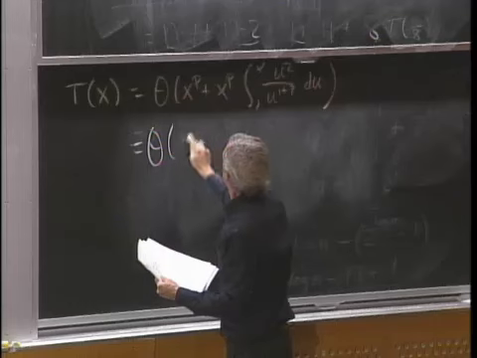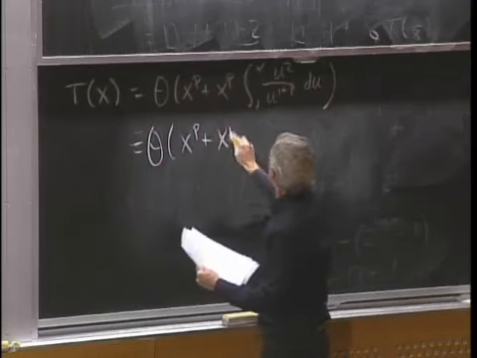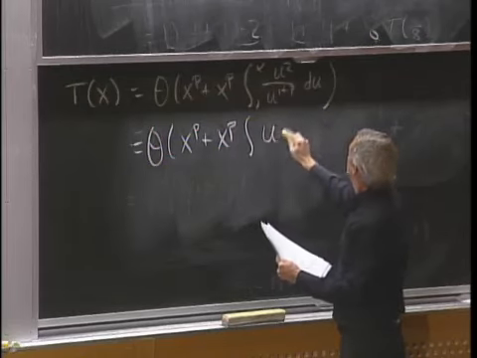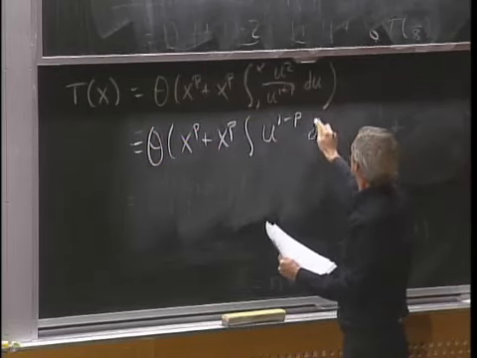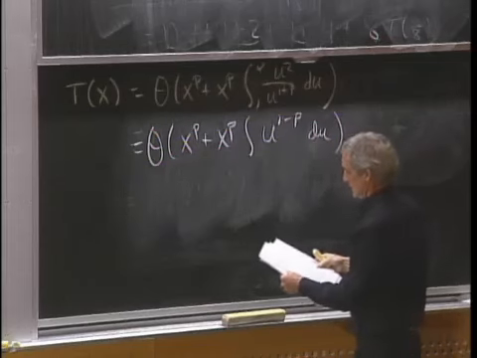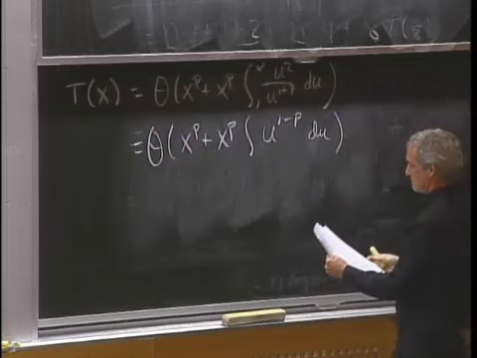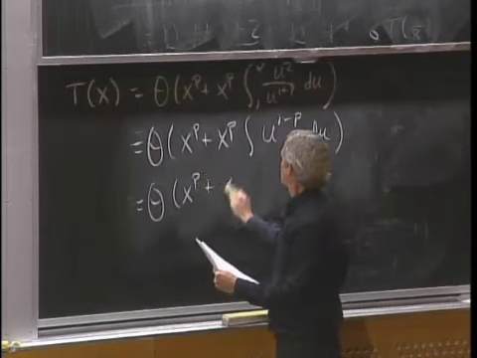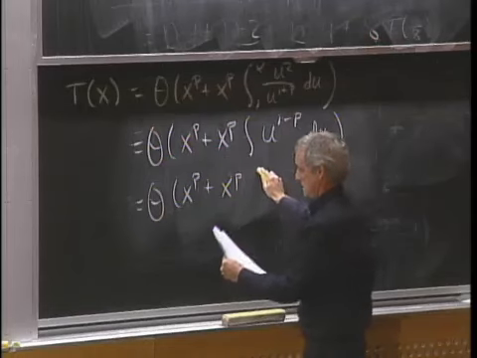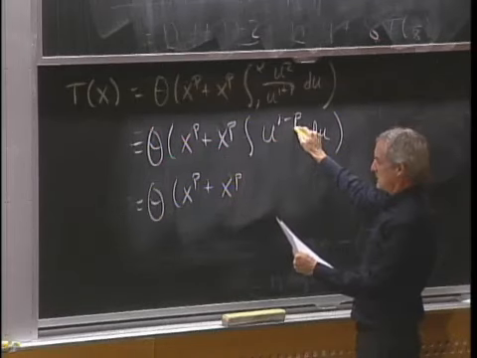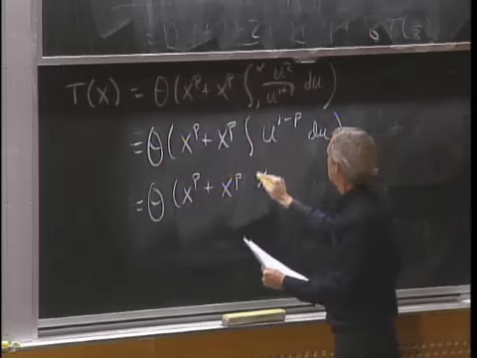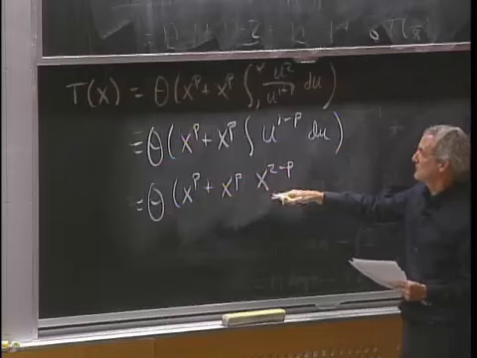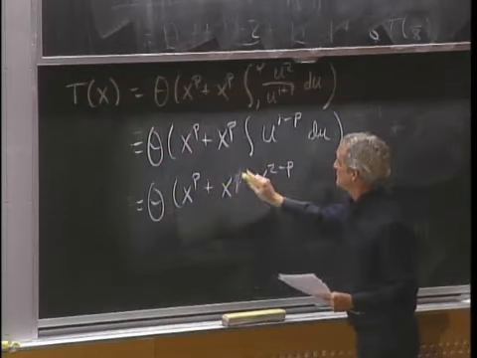That's theta of x to the p plus x to the p times the integral of u to the 1 minus p du. And p is bigger than 1, I know that. This is theta of x to the p plus x to the p. Well, the integral here is x to the 2 minus p, up to constants. I don't even care about dividing by 2 minus p because I've got big theta. Let's put that p up here.